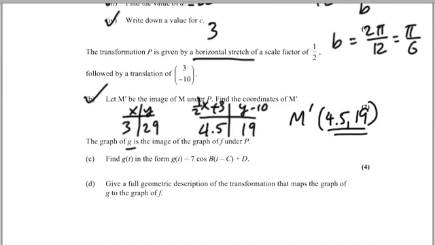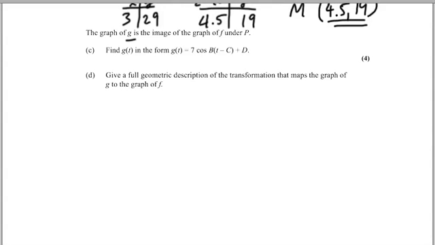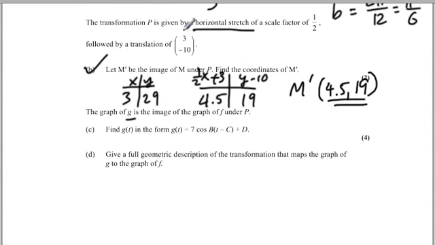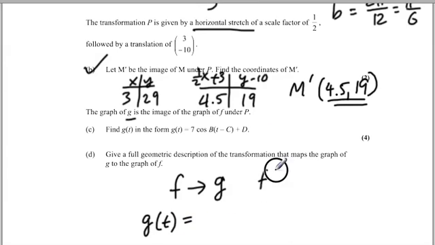Okay, so keep in mind that we're going from F to G, okay? So G of T, if we write it in terms, actually, maybe I'm going to write F of T first. So F of T, we found the amplitude, which we said was 7, right?